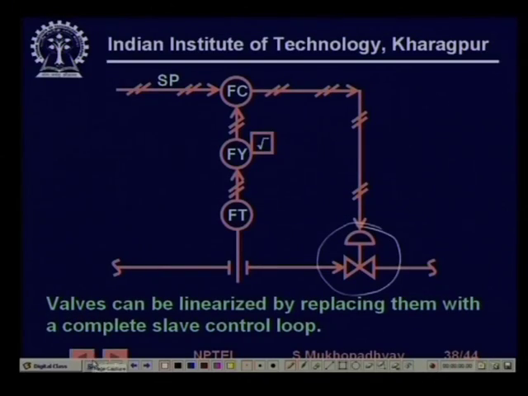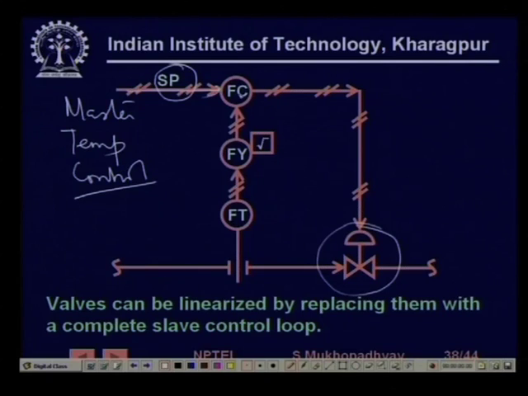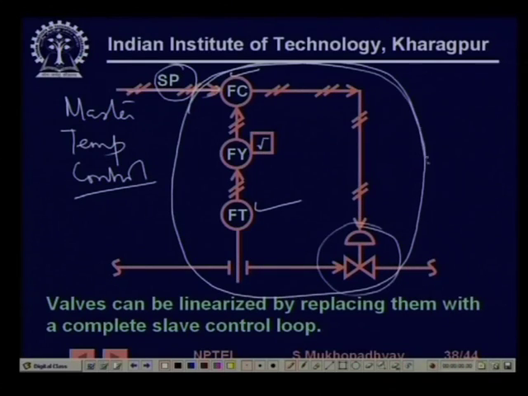So, this is the one coming from the master, say, temperature control loop. Then we set up the flow controller and the flow transmitter. Even if the valve is nonlinear, the characteristic of this loop, between this point and this point, is much more linear.